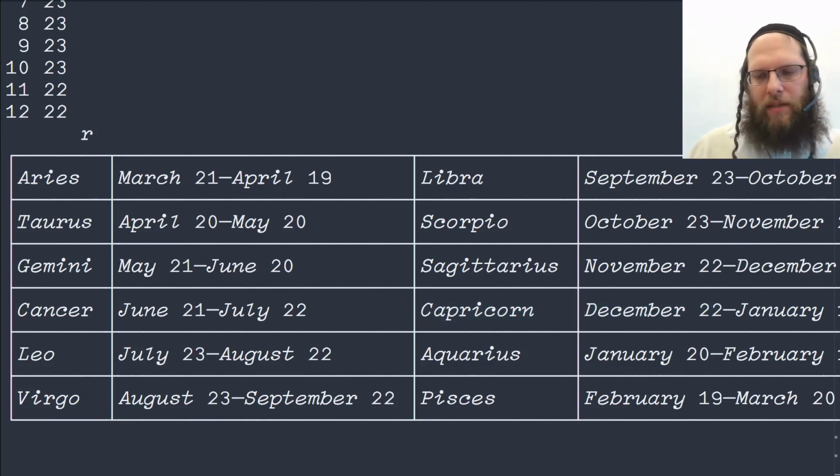And that's fine. That's the 12th one. But there's also a part of the beginning of the year, which is a bit of an issue. So any date before the first cutoff should really end up with Capricorn as well.